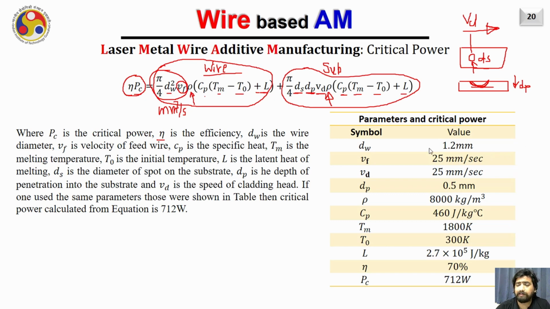So the typical process parameters I am considering for a process and trying to find out how much power is required.